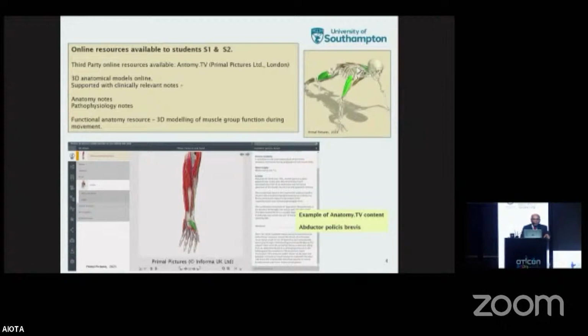Now, although you're looking at Anatomy TV, which explains beautifully, with lovely pictures and everything, you don't get the same feeling on the internet as by touching in the lab and feeling the difference between the nerve and the artery, because the internal structure is very different between artery and nerve, and that you cannot teach online.